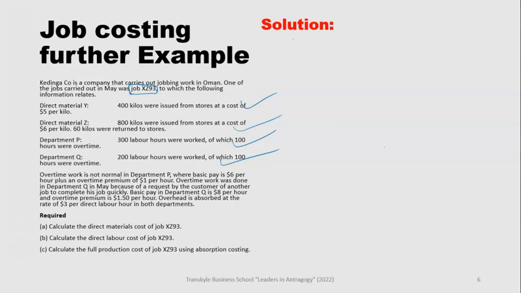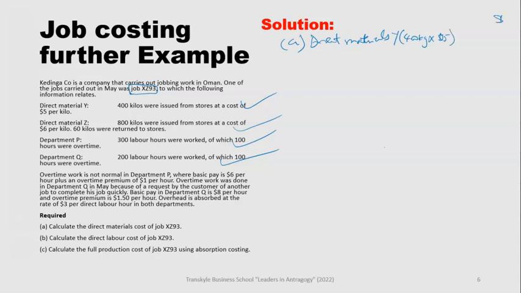Okay. So for part A, now direct materials. Okay. Direct materials for what? We are told that this job requires 400 kgs, 400 kilos, okay, and they cost $5 per kg, alright, that's the cost for the question.